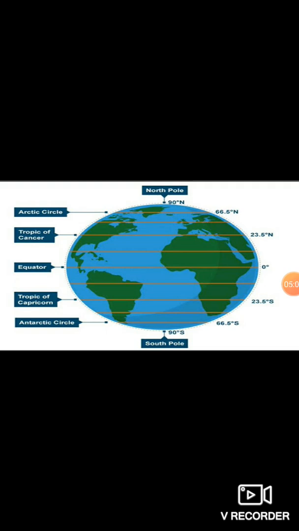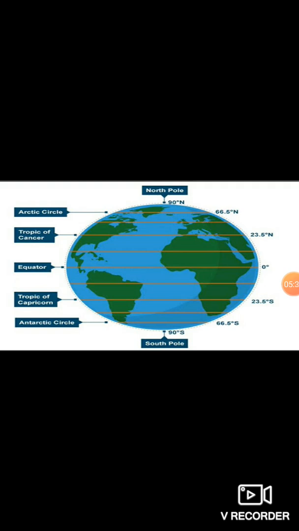Now we study which are the important parallels of latitude. You observe the picture, you can see many parallel lines passing through the earth or the globe. Besides the equator 0 degree, the North Pole 90 degrees north and the South Pole 90 degrees south, we can see there are 4 important parallels of latitudes.